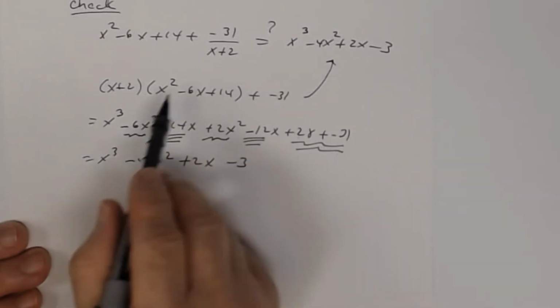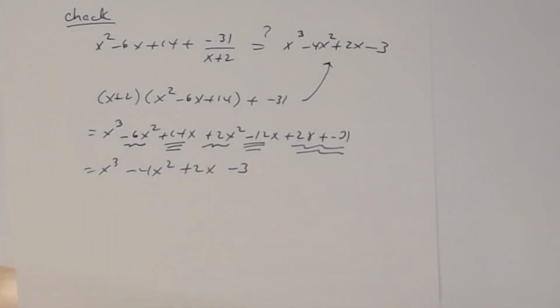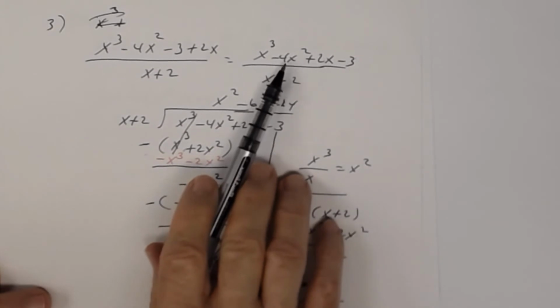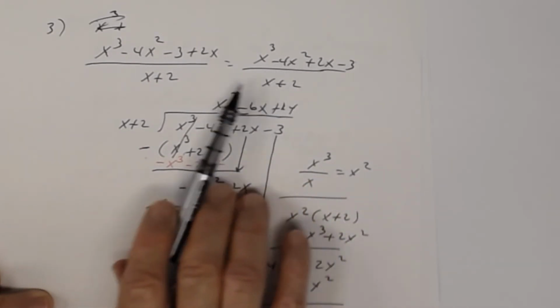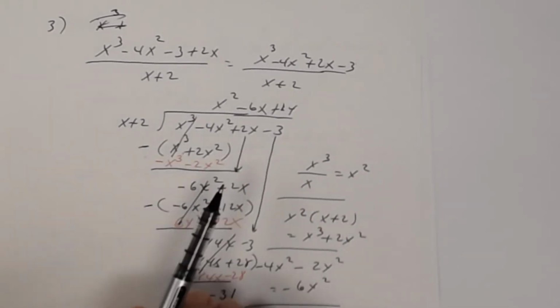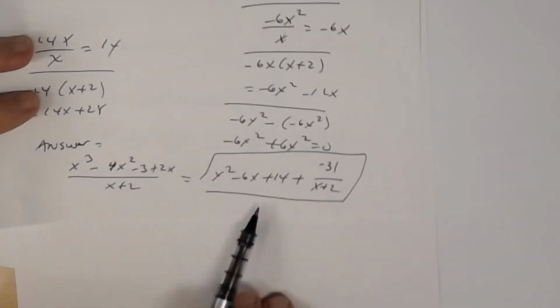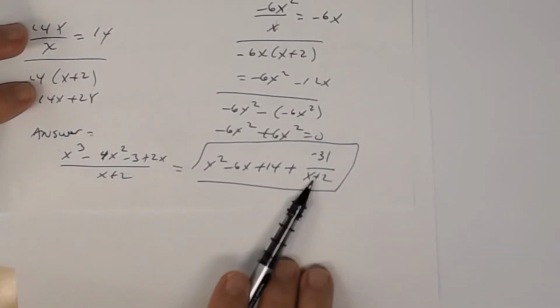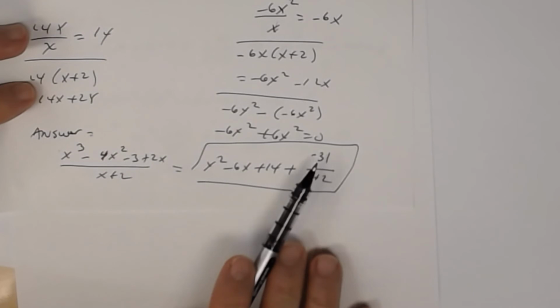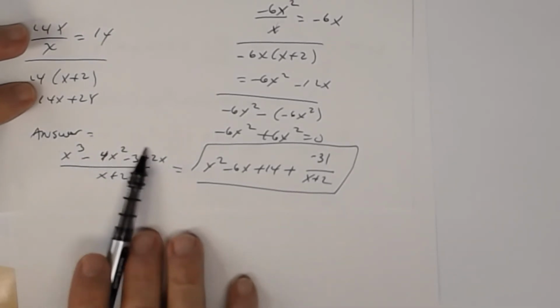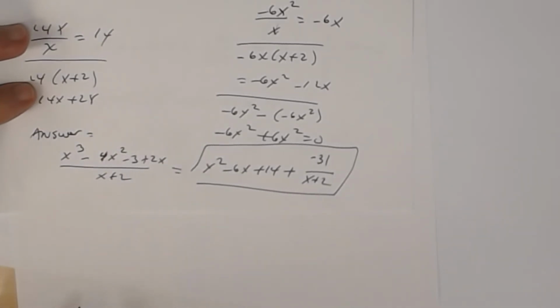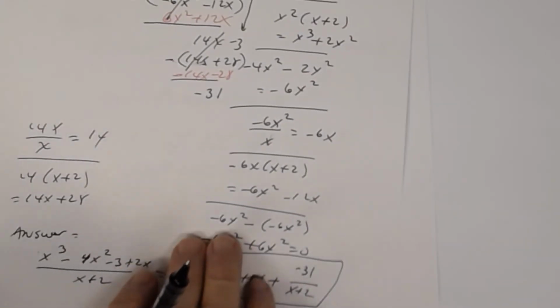So this is correct. When I divided this polynomial by this polynomial, I got this answer, and that's the answer, because when I multiplied this times this and added negative 31, I got the dividend back. Okay? All right, so that's number 3.